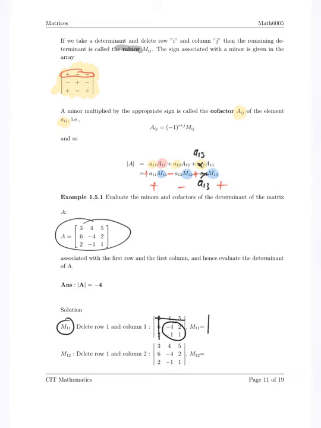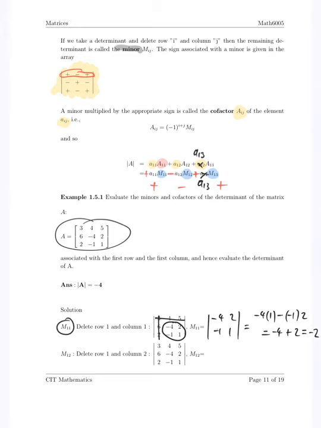So M11 is the determinant of minus 4, 2, minus 1, 1, which is equal to minus 4 times 1 minus minus 1 times 2, which is equal to minus 4 plus 2 equals minus 2. So that's M11, minus 2.